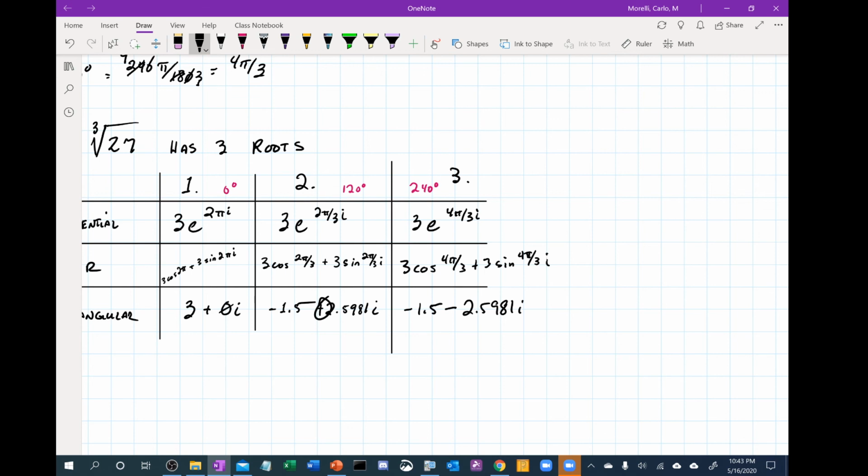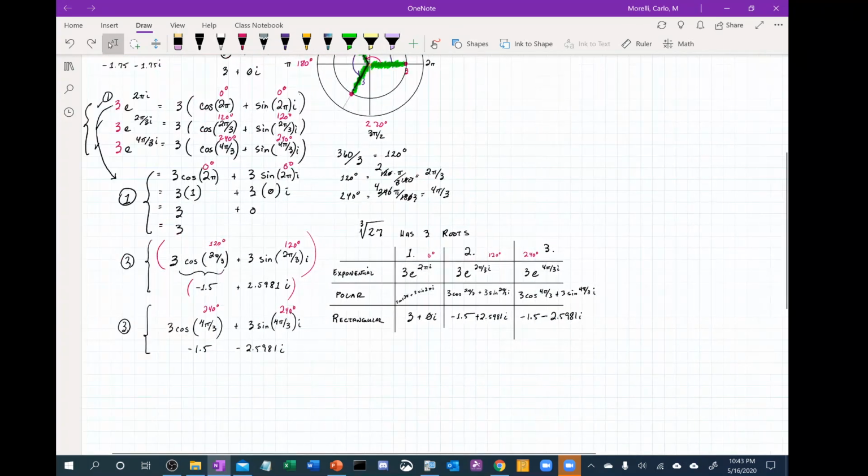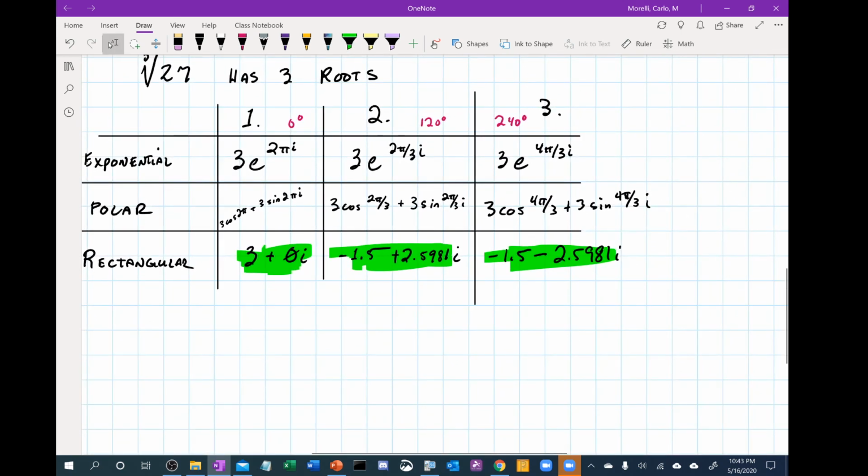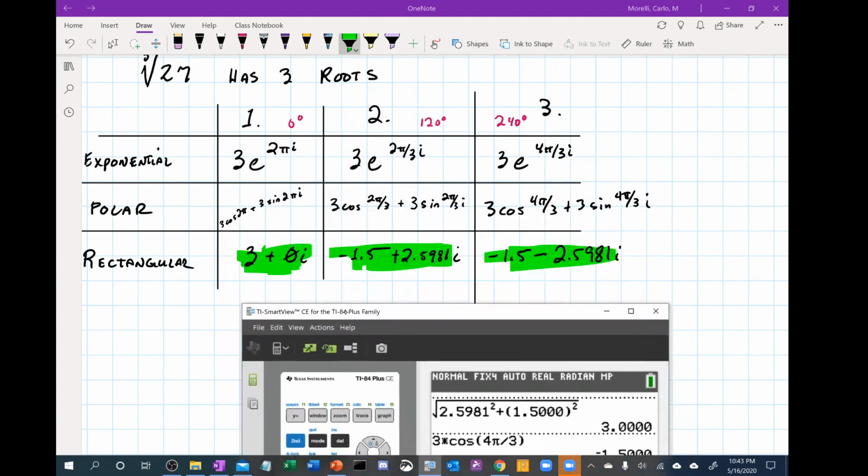The other one was positive. Okay. So here are your 3 solutions. The thing I'd like to check is I'd like to make sure that these other 2, when cubed, actually result in the answer being 27.